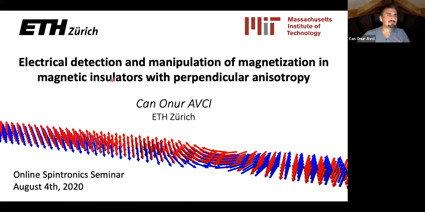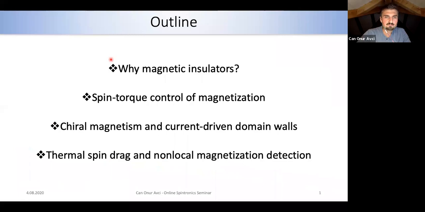So today in this seminar, I will be talking about magnetic insulators with perpendicular anisotropy. So here is my outline. First I will shortly answer the question of what attracts me in magnetic insulators. And I will try to convince you that this material family has an immense potential for spintronics research and future applications. In the second part, I will present recent advances in spin torque control of magnetization in magnetic insulators with perpendicular anisotropy.